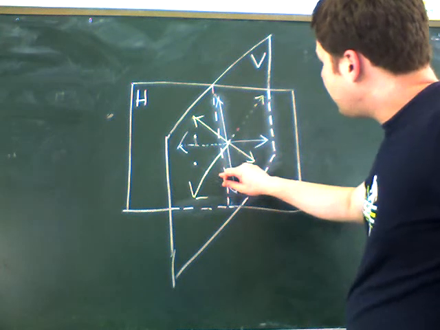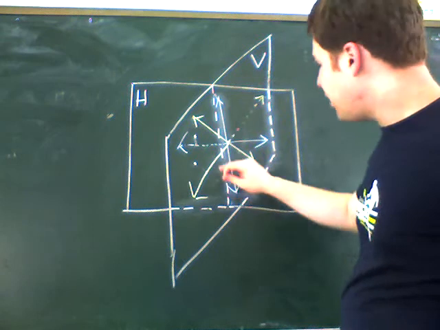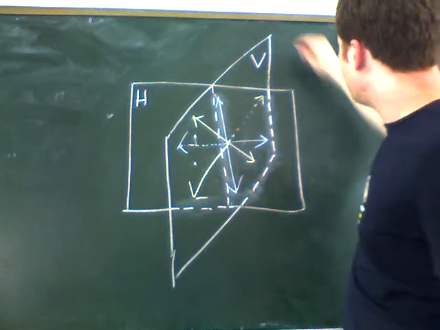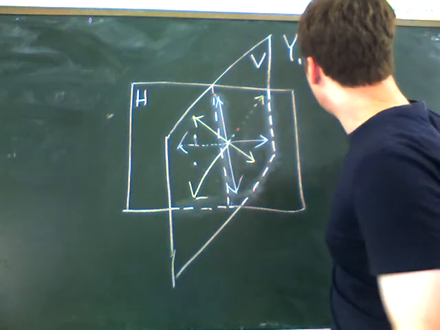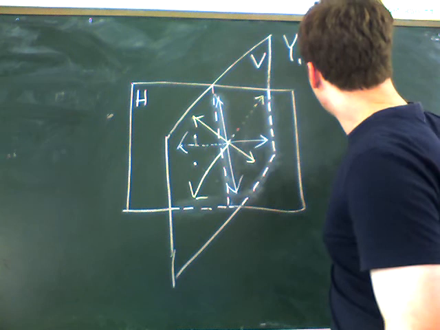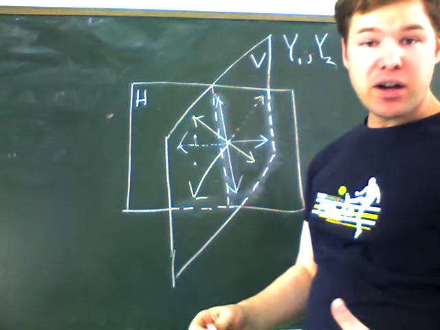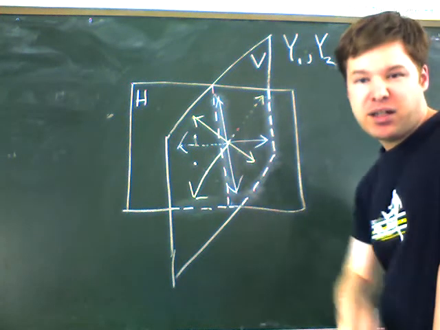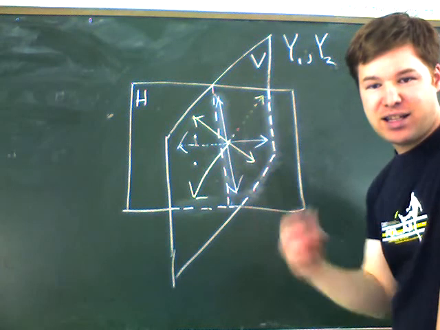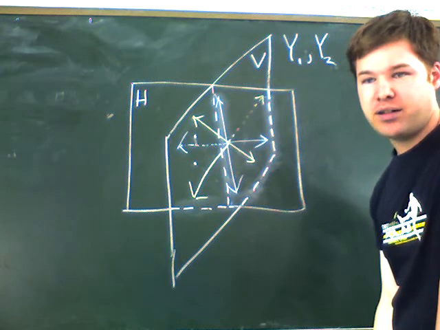Okay, let's just, for example, say on the vertical plane here is going to be our y1 and y2. On the horizontal plane over here, we're going to have our other set. And because those are kind of the diagonal axis, if you want to call it that.